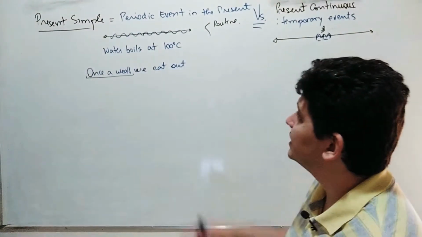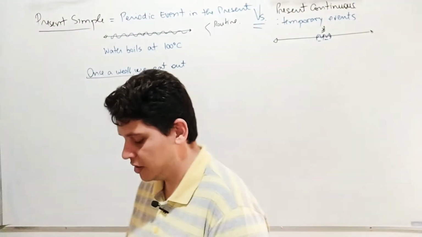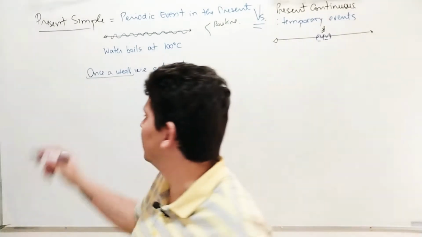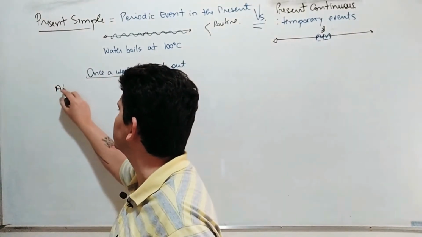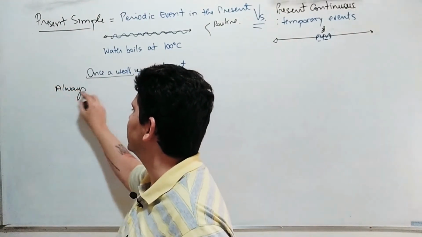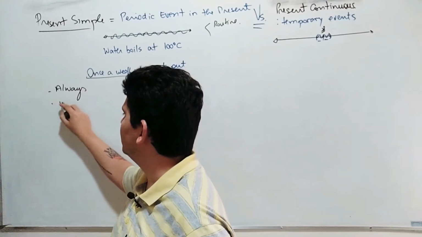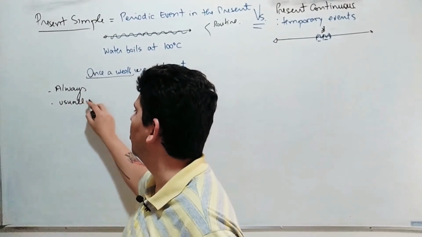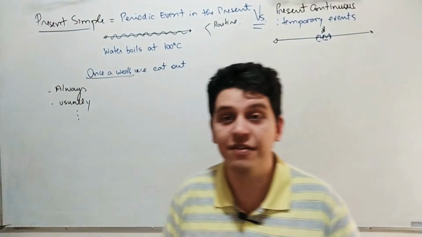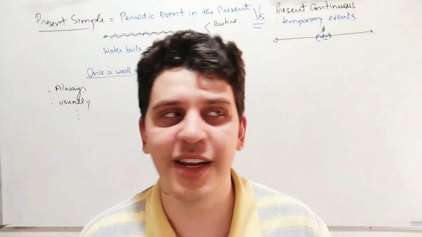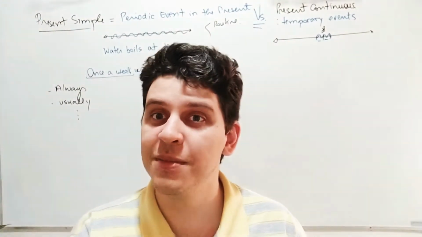With present simple, it's quite common that we use adverbs of frequency. For example, we could say always. We could say usually. And all that bunch of adverbs that I taught you last class. So if you don't remember them, go back.